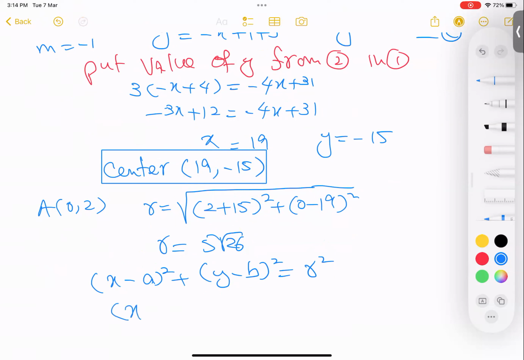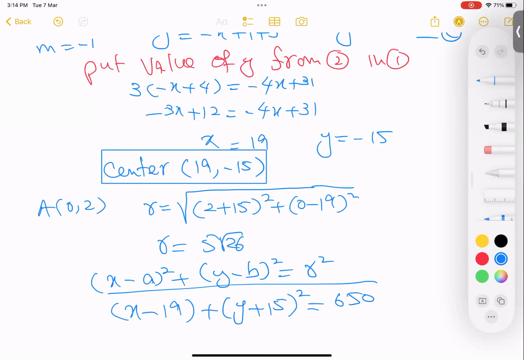So (x minus 19) squared plus (y plus 15) squared equals the square of it. Let me check what the square of this number is. 650. And this is my final answer. So I believe the point is very, very clear. And then inshallah, I'm going to give you one question to practice.